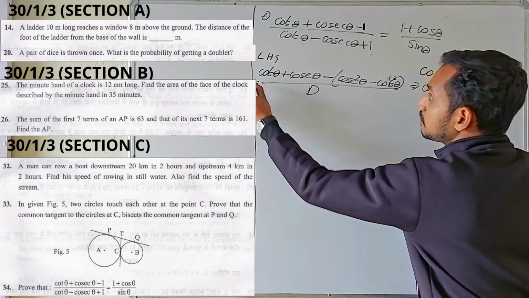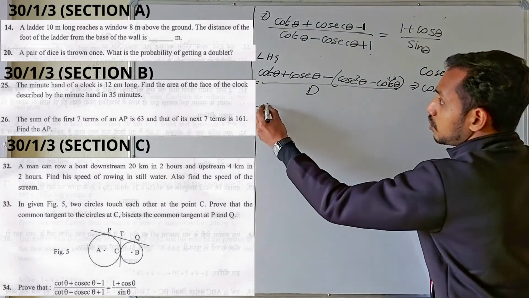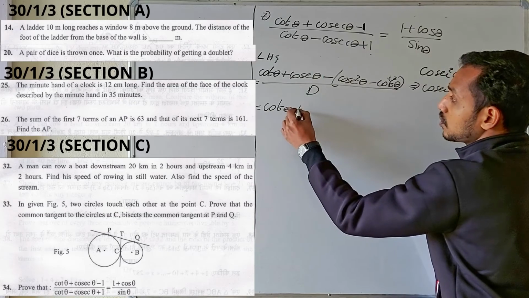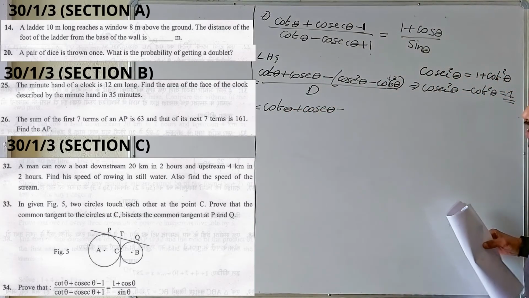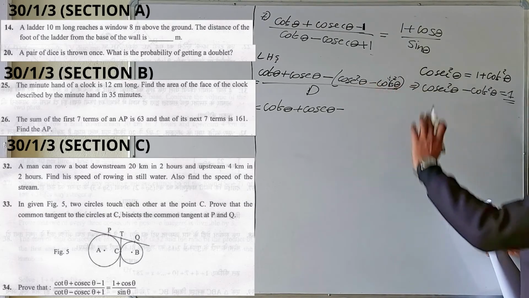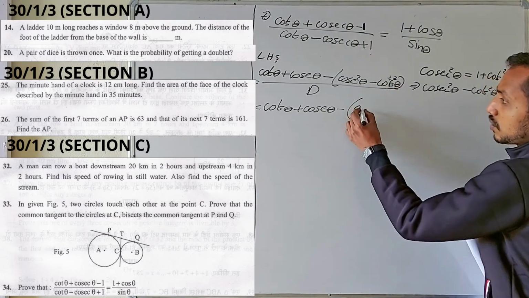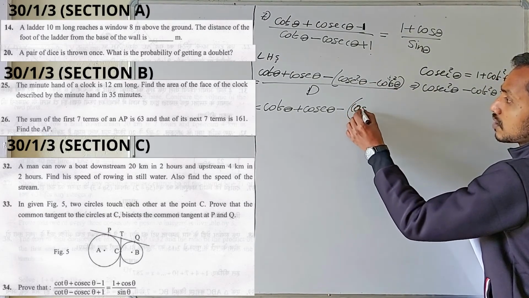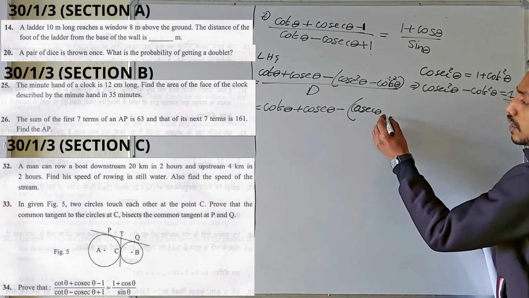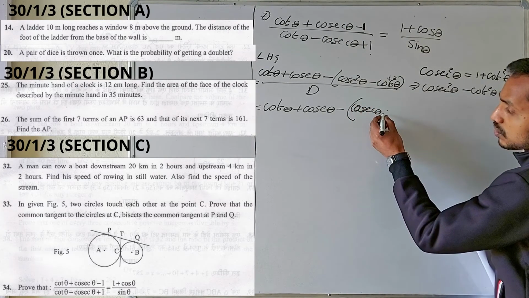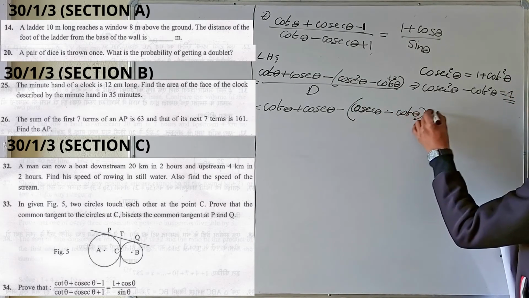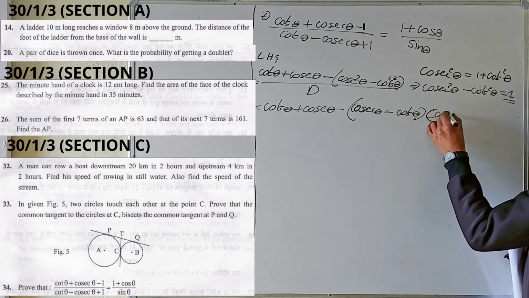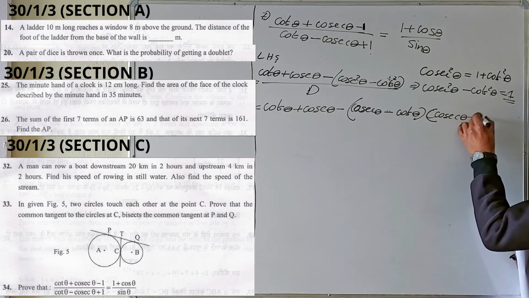That is equal to cot theta plus cosec theta minus, and a square minus b square is equal to a minus b into a plus b, so we get cosec theta minus cot theta into cosec theta plus cot theta.